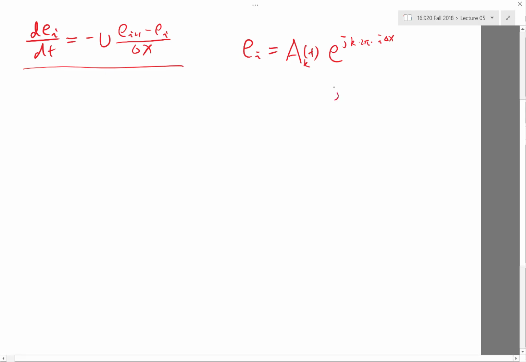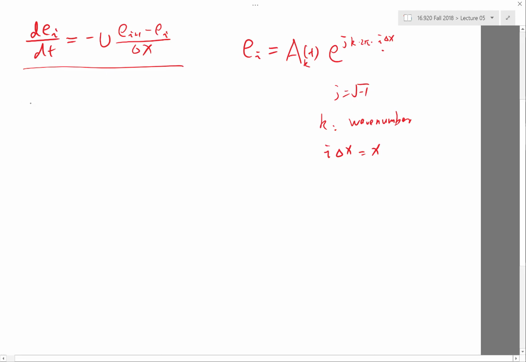All right, where j is equal to the square root of -1, k is the wave number that determines the frequency of this particular sinusoidal function, 2 pi is just 2 pi, and i is the grid point. i delta x is the spatial location, right? So that's basically one term in a Fourier series.